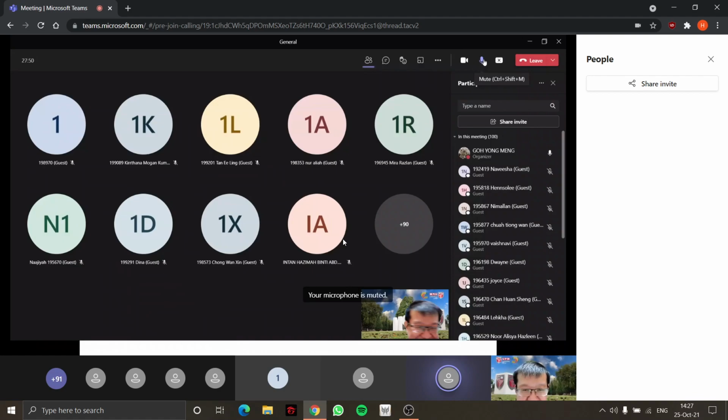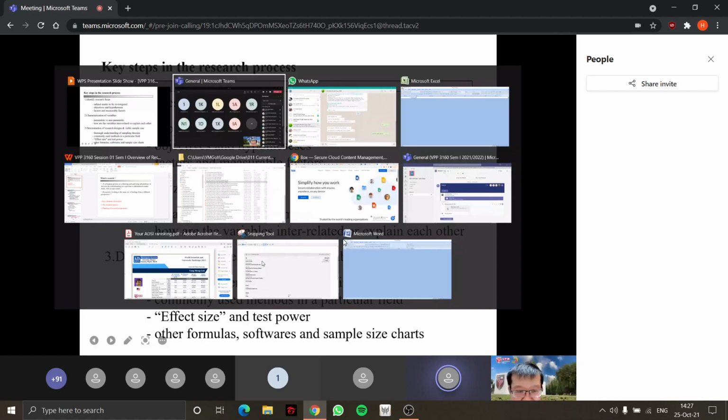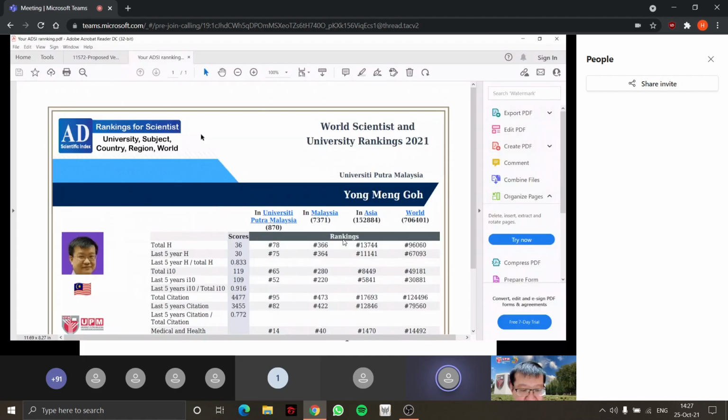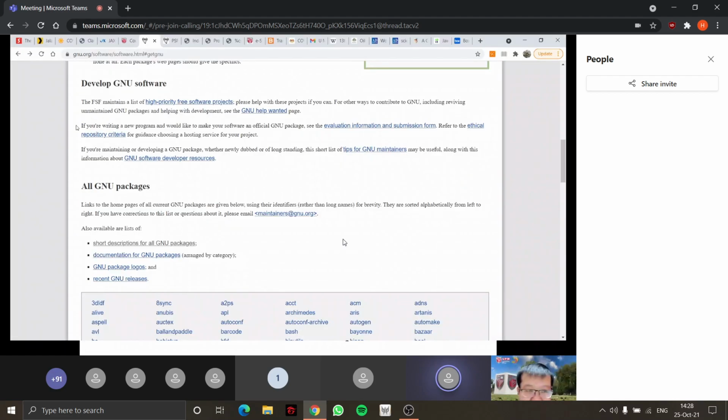I was saying that if you are looking at the PSPP software, if you are installing, it is slightly different as compared to typical Windows.